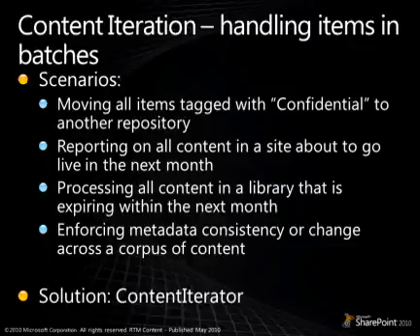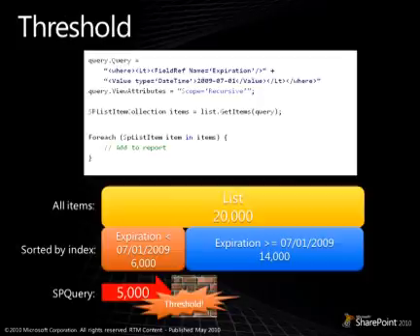The solution for item handling is the out-of-the-box content iterator functionality. We can and should actually use this model now not only for large lists, but also for smaller lists, since this way there's no way of running into these kinds of large list issues or throttling issues in future if the data amounts increase unexpectedly.